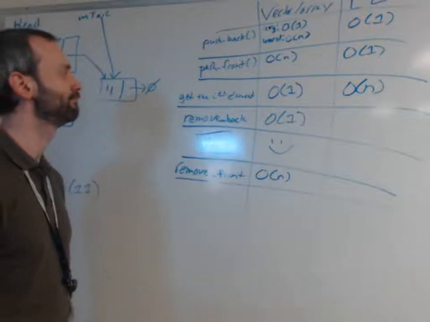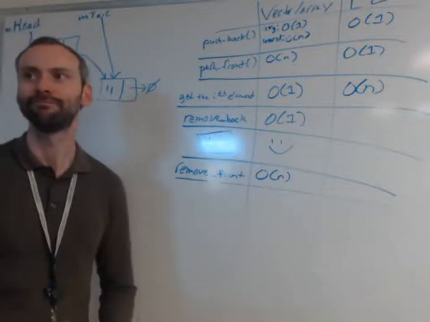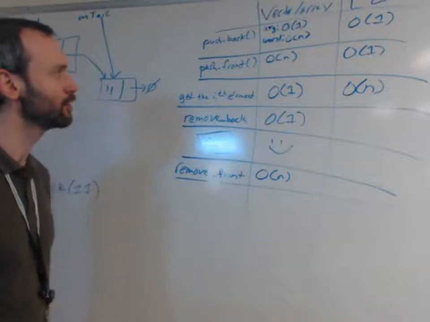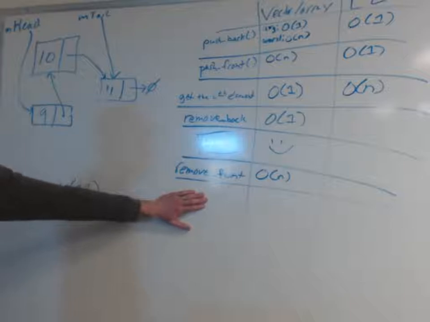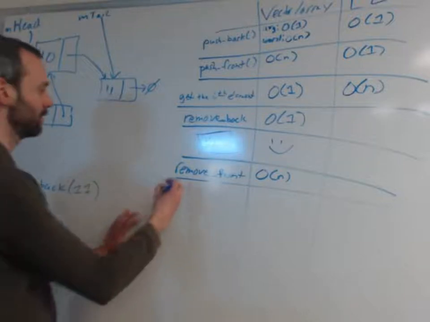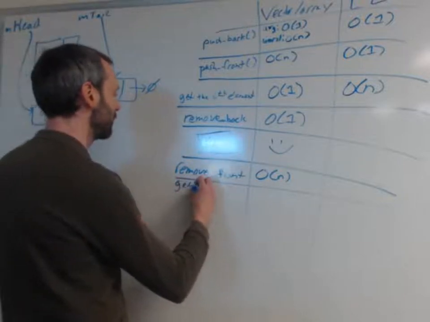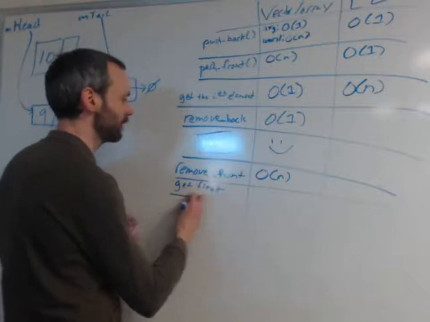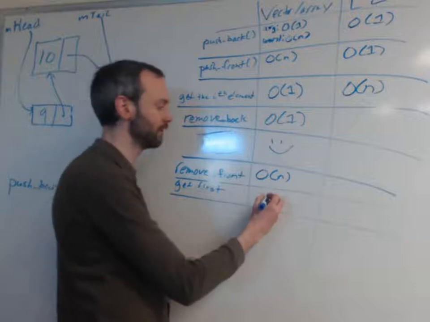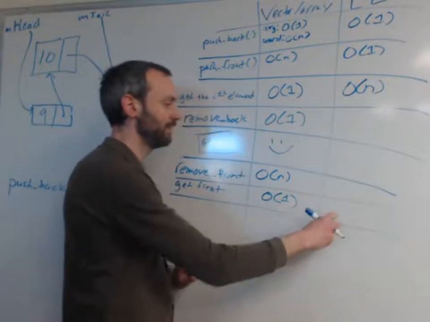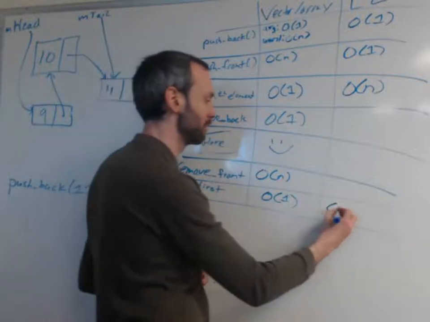Interesting. Although, if I were to do a get first and get last, if I were to write that function, what would it be in an array? O of 1. What would it be in a linked list? O of 1.